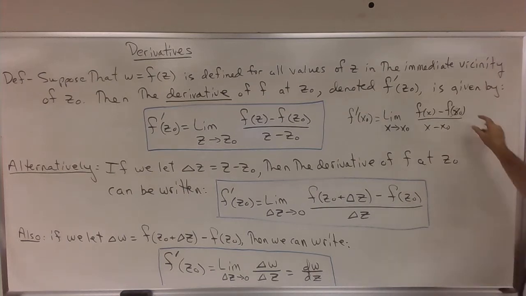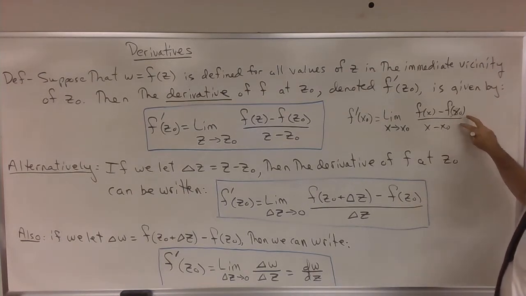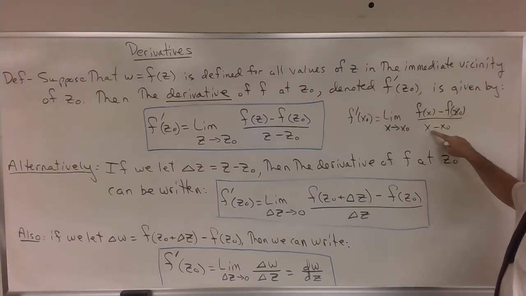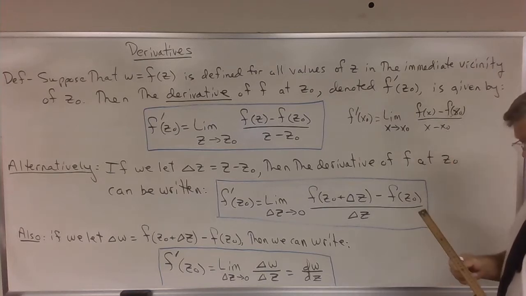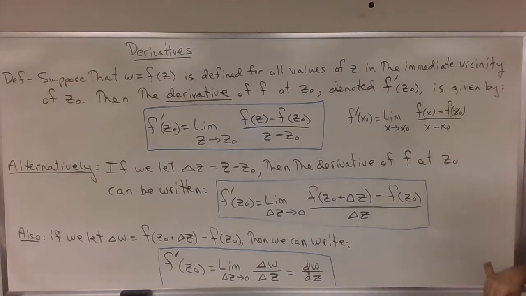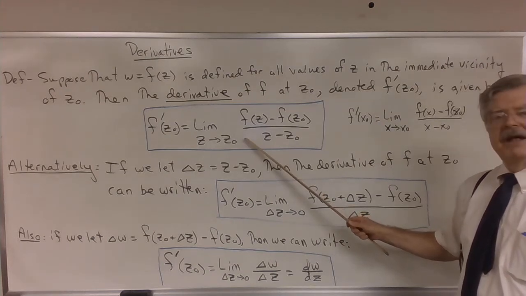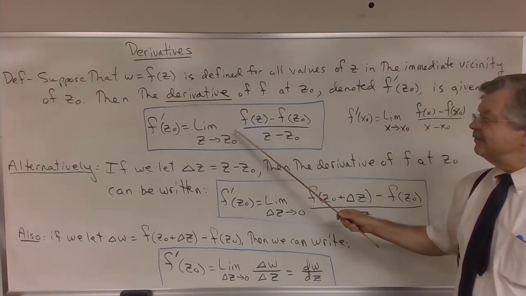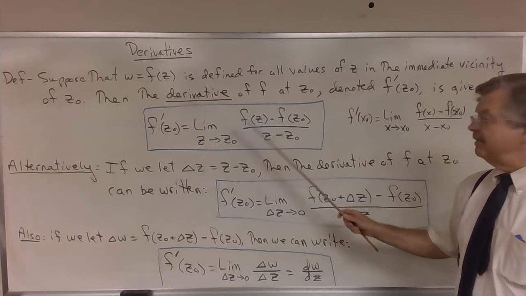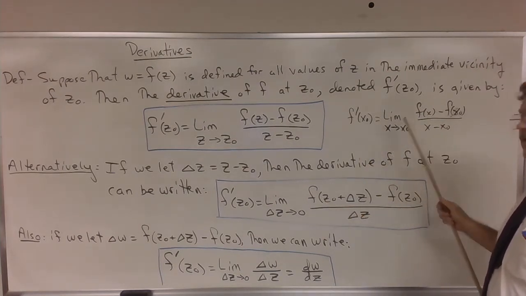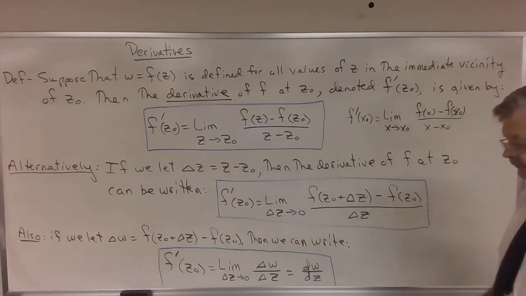And in the context of a real valued function, this is the slope of the tangent line, y2 minus y1 over x2 minus x1. So this definition of the derivative of a complex valued function is just the complex number analog of the derivative of a real valued function f of x.